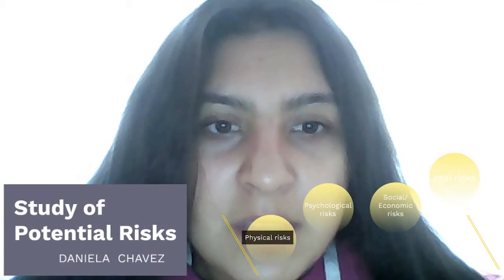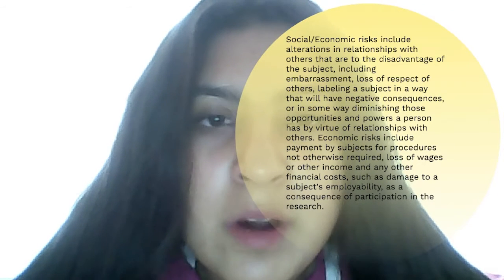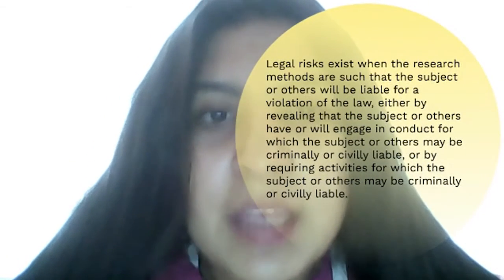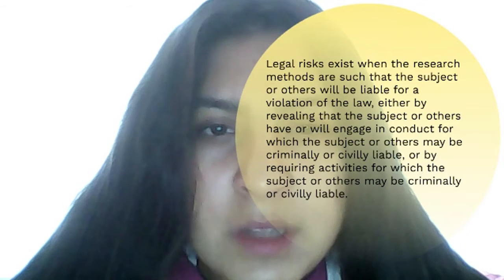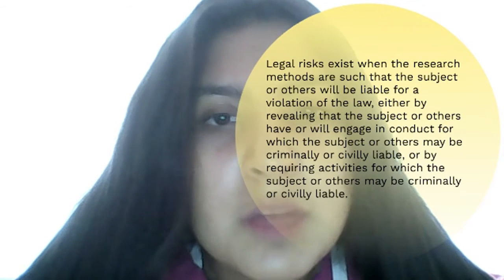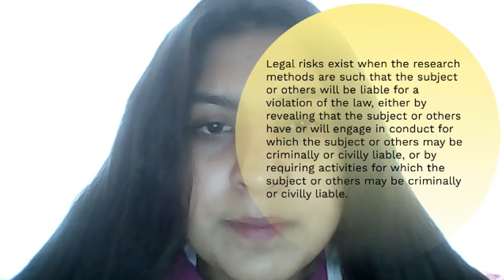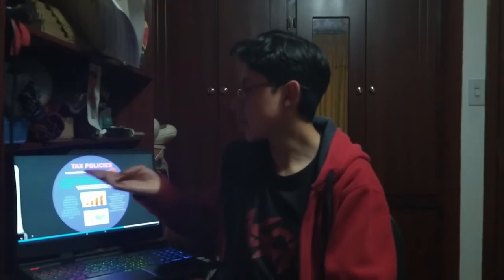The next is socioeconomic risk. Socioeconomic risks include alterations in relationships with others that are to the disadvantage of the subject. And the last, legal risks. Legal risks exist when the research methods are such that the subject or others will be liable for the violation of the law.